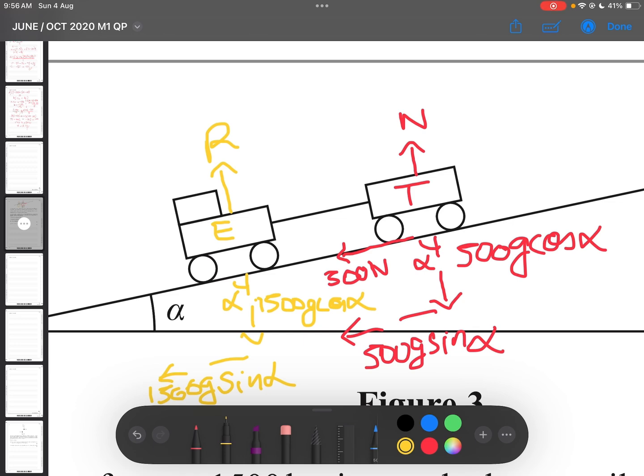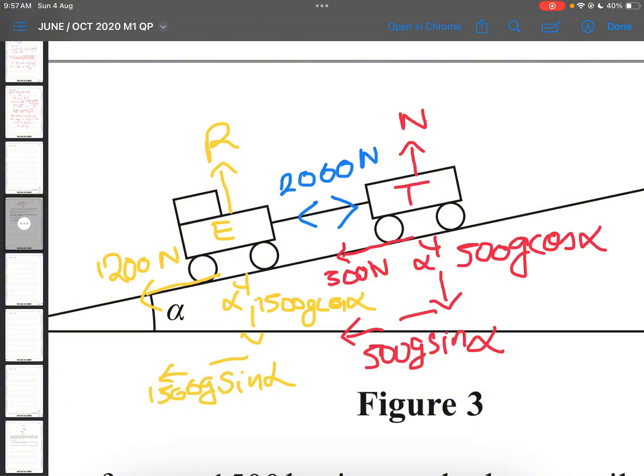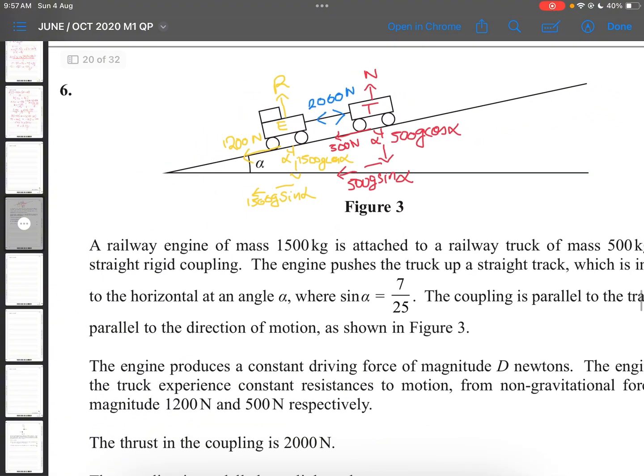It also has a resistive force acting on it, which is 1200 newtons. The thrust acts towards each other, okay? But if they said it had tension, then it would look like this. I hope that made sense. But now as it's thrust, it's going to be towards each other, which is of 2000 newtons.